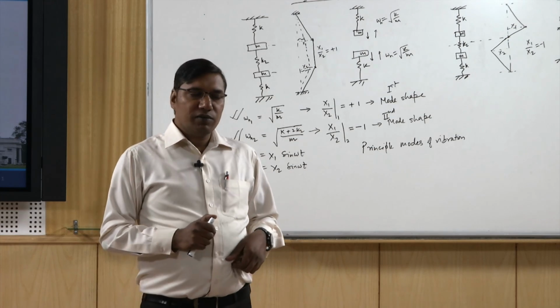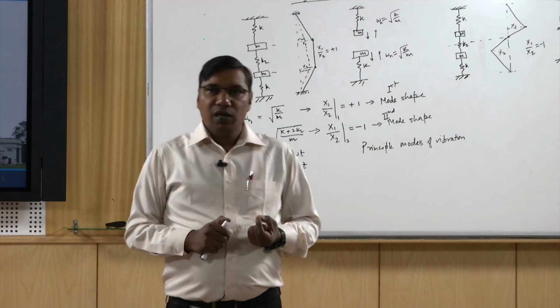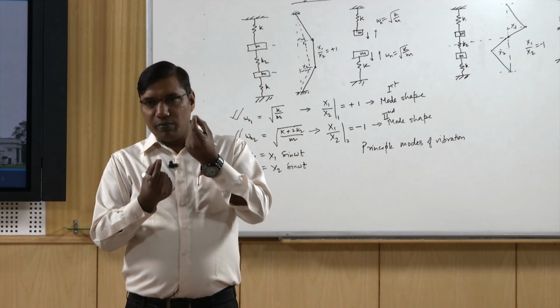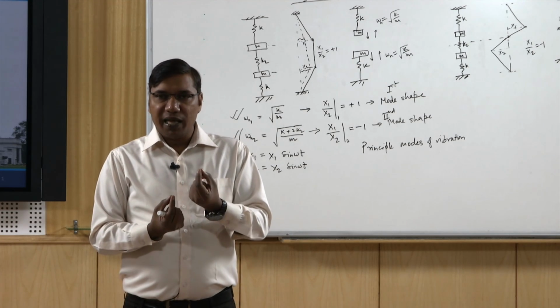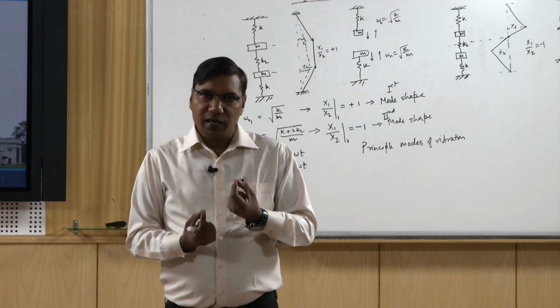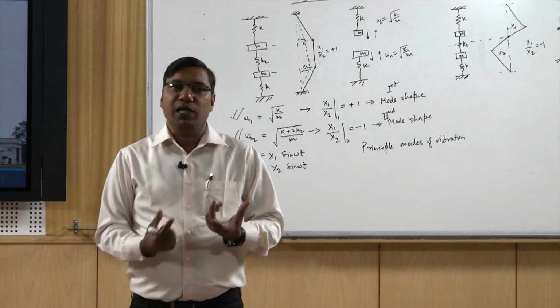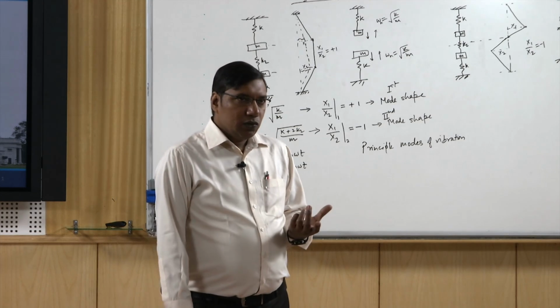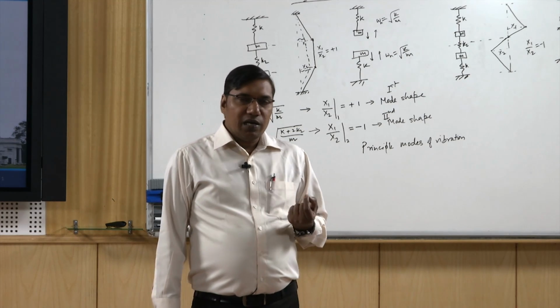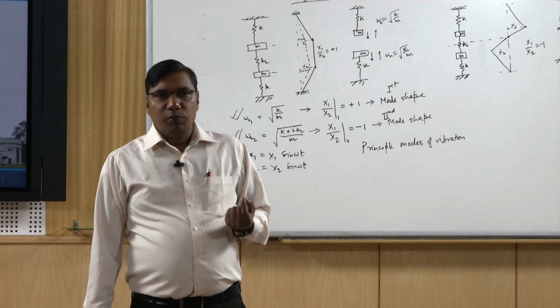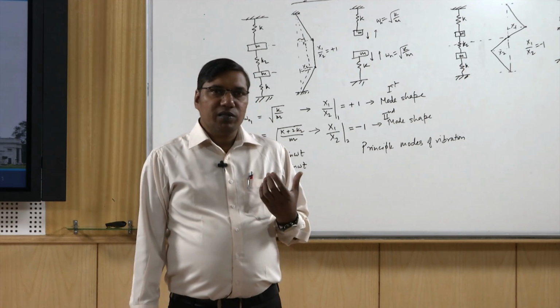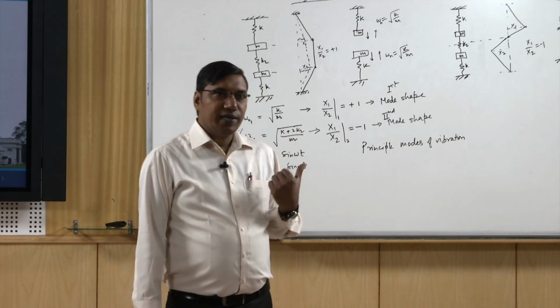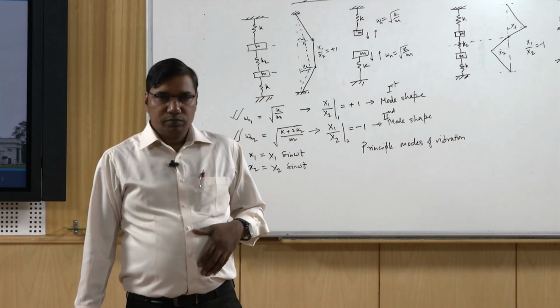The initial condition for the first mode is that we disturb the system, pulling both masses in the same direction and with equal amplitude, and then we release them. If we give this kind of initial condition, both masses will vibrate with the first natural frequency and form the first mode shape.